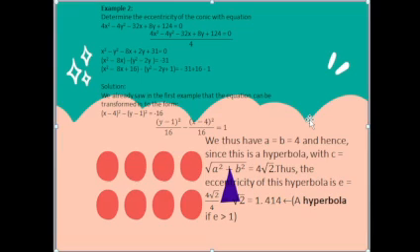You need to get half of the coefficient of x and square it. So half of negative 8 again is negative 4, and squared, negative 4 times negative 4 is positive 16. So that is why we add 16. So x squared minus 8x plus 16 is a perfect square trinomial.